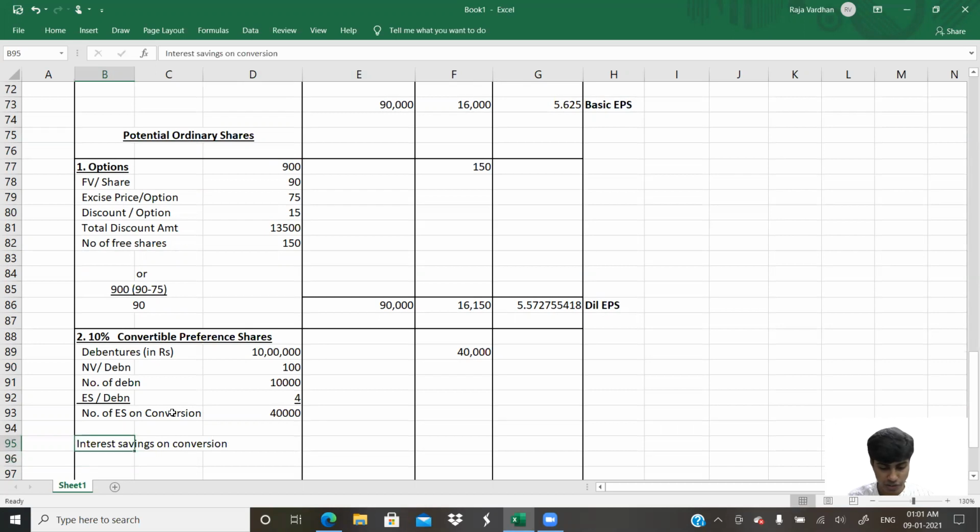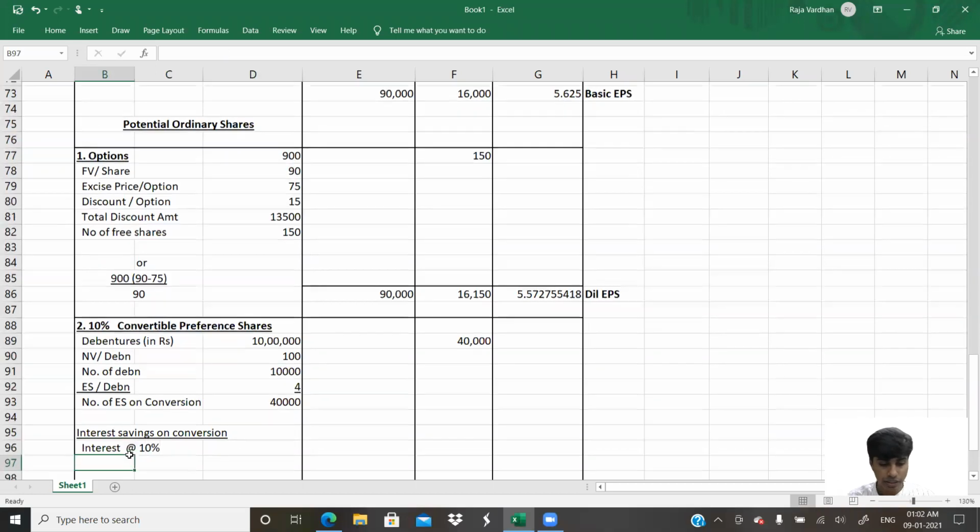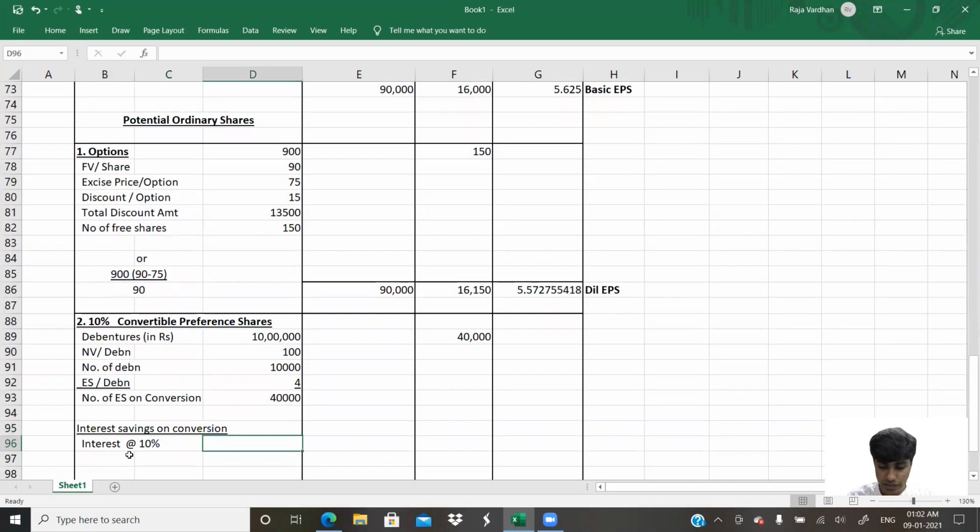Interest savings on conversion. How much exactly is the interest savings on conversion? First, we would have to compute the interest amount. Interest at 10%. So at 10%, interest will be 10 lakh rupees multiplied by 10%.